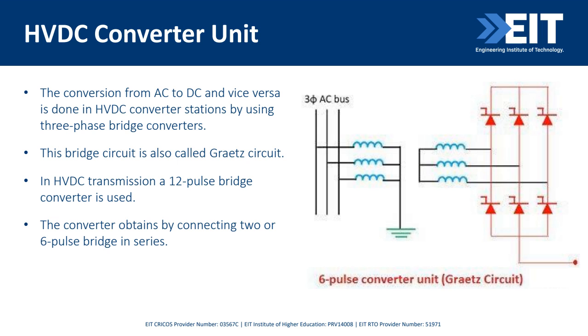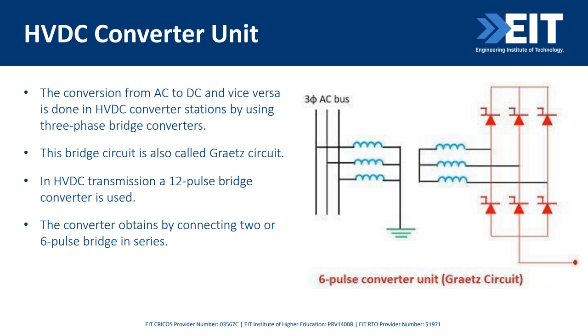So the converter unit is a solid state device. As I mentioned, modern systems are based on solid state switching. If you are going to study with EIT, EIT has a very specialized unit on power conversion systems where we teach about these switching mechanisms, and how we can use them for rectification and inversion.